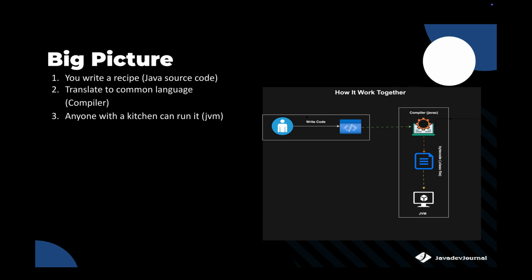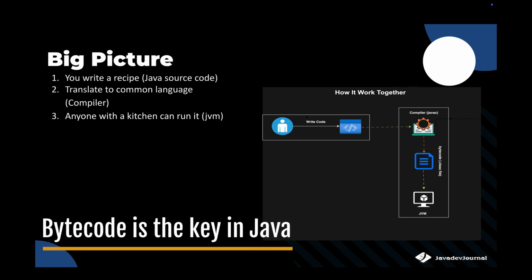The compiler takes your code and makes sure that your code adheres to all the language rules. If everything looks good, it converts that code, using a compiling process, into a machine understandable format, which is bytecode. All right. And then finally that bytecode is run by the JVM.